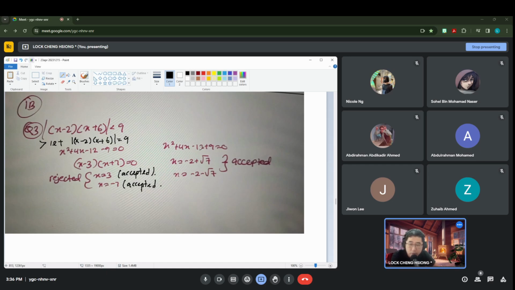What about here? Is it accepted or rejected? Let's see. So modulus of negative 2 plus square root 7 minus 2, okay, negative 2 plus square root 7 plus 6.